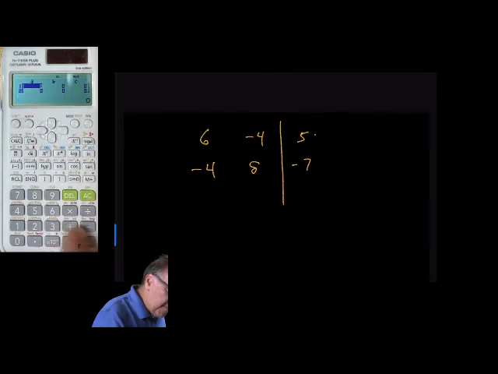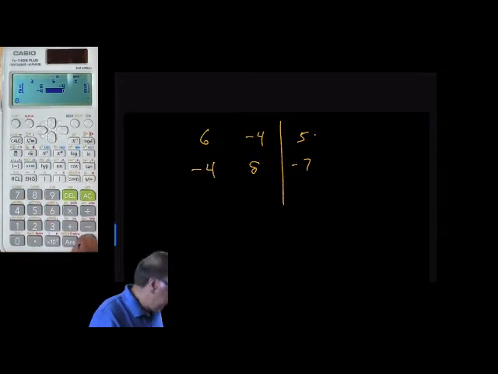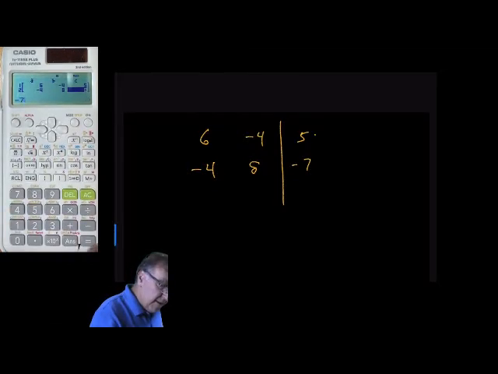So we can say 6 equals, and you can see it went into the top left of the matrix, and then we have a -4 equals, and a 5 equals, and a -4 equals, and an 8 equals, and then a -7 equals.